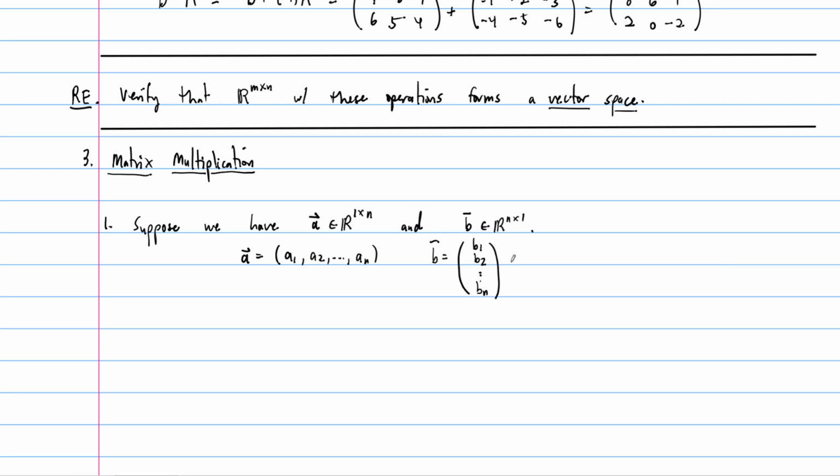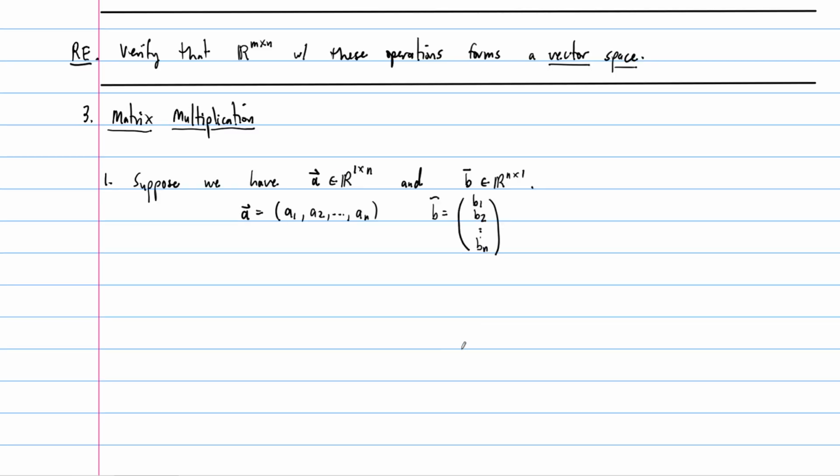And we want to multiply these two matrices together, okay? Well, we can do it, right? So the product A times B is the real number defined to be.